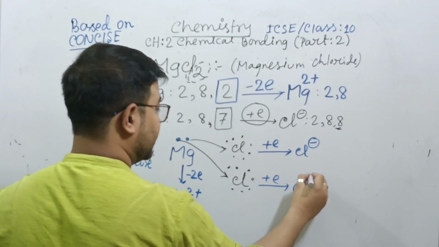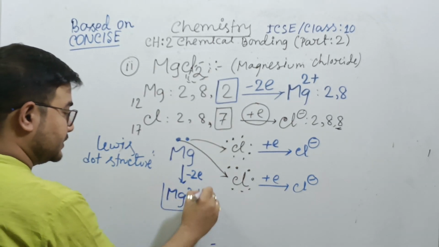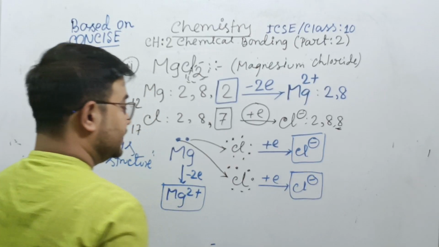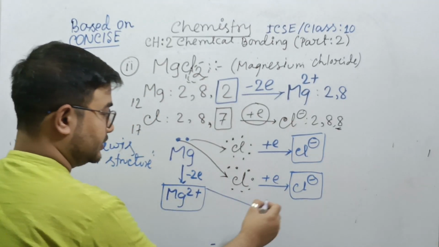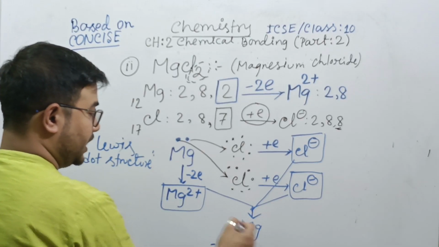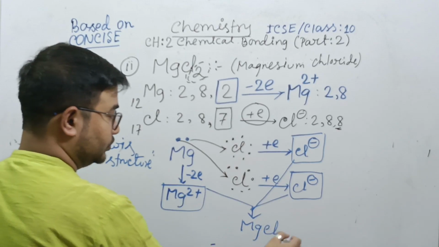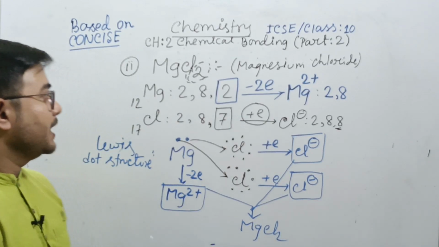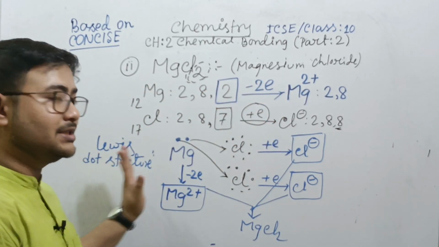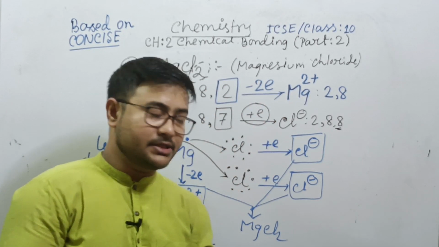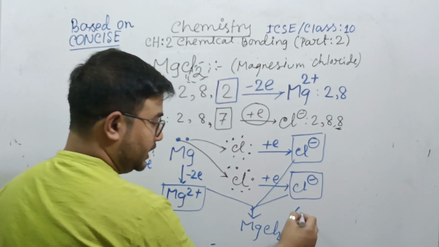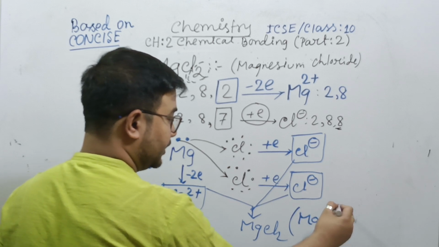So Mg2 plus, one Cl minus and another Cl minus come close to each other and form MgCl2. This is your answer. So it is a very easy method. First write down the electronic configuration, then the Lewis dot structure, because the orbital diagram is not in our syllabus, and finally conclude the compound. So look at the board, Mg and 2Cl.